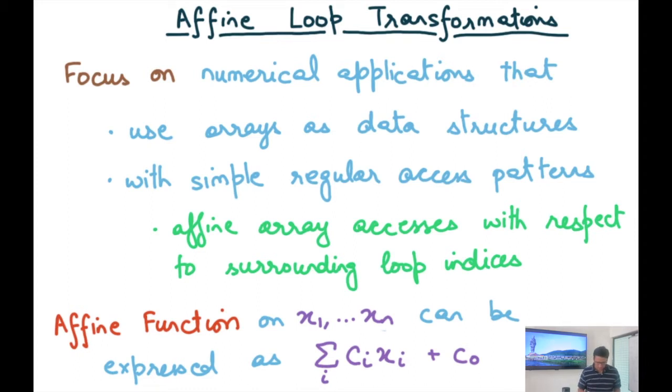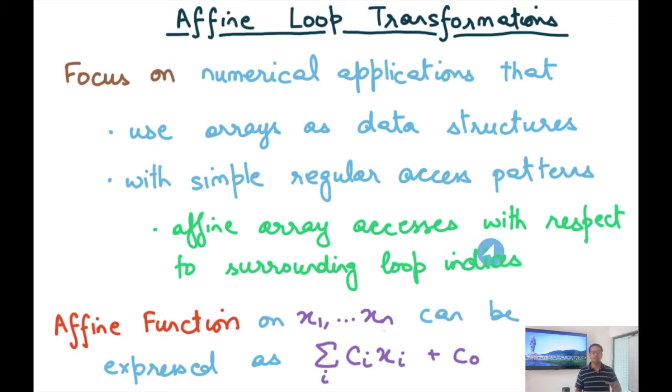Well, we'll focus on numerical applications that use arrays as data structures and which have simple regular access patterns on those arrays. So what do I mean by simple regular access patterns? Well, we'll assume affine array accesses with respect to surrounding loop indices.